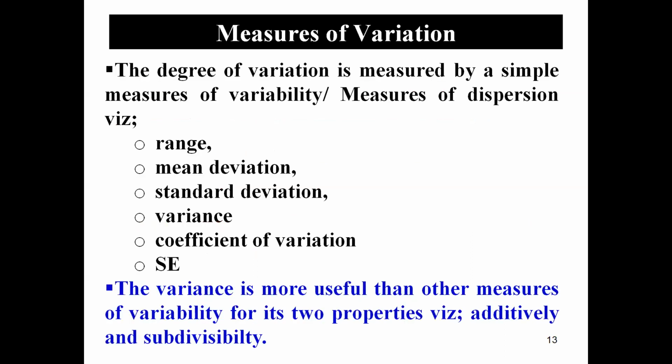Now, what are the different measures of variation? The degree of variation is measured by several methods. One is simple measures of variability. You also studied these, I think, in your statistics course. Different measures of dispersion are range, mean deviation, standard deviation, variance, coefficient of variation, and standard error.